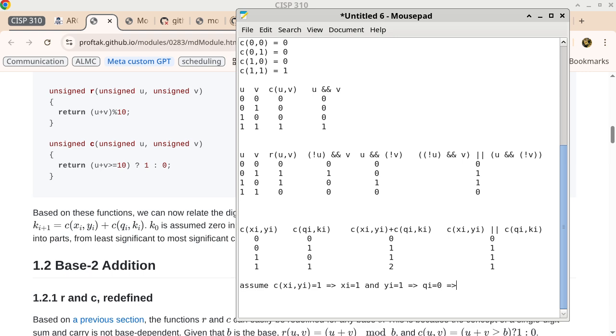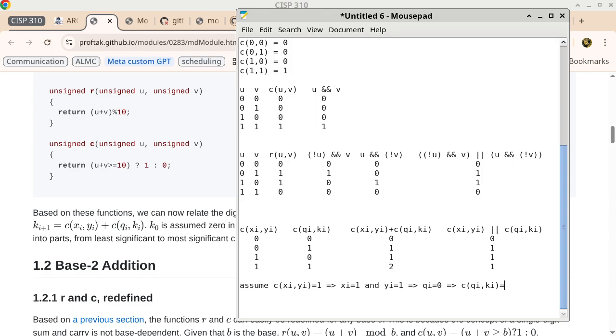Well, this is going to buy us half of the conclusion that I really need, because this implies C of Qi Ki has to be what? Remember, in base 2, the C function is a conjunction. It is just a straight up conjunction.